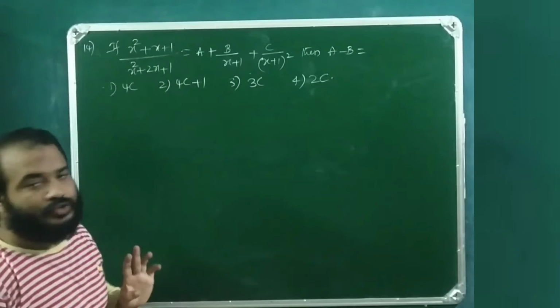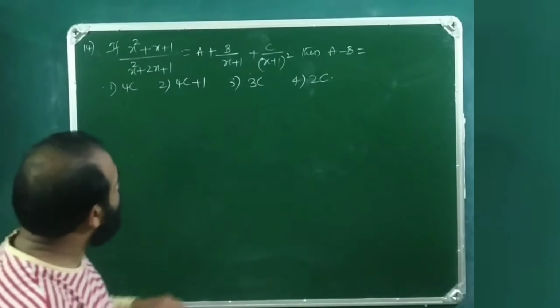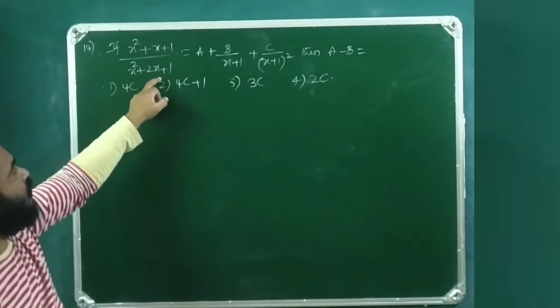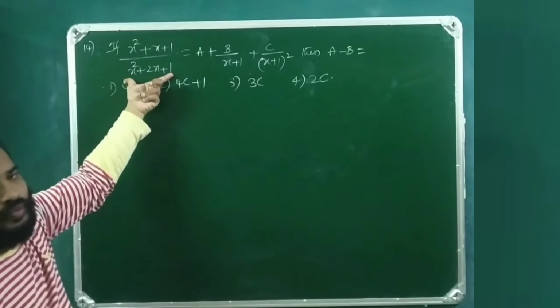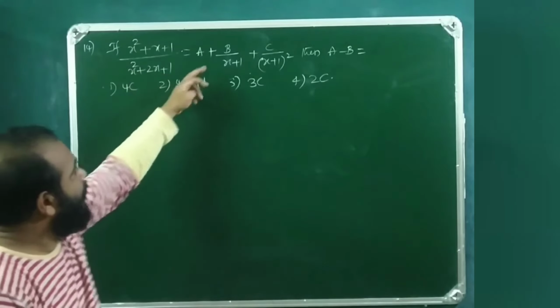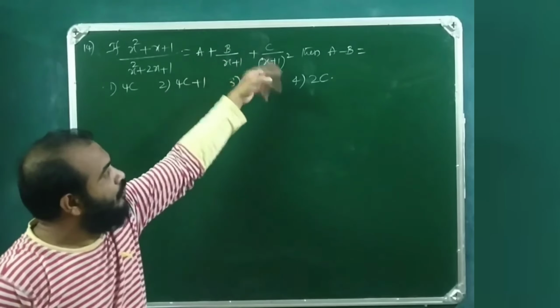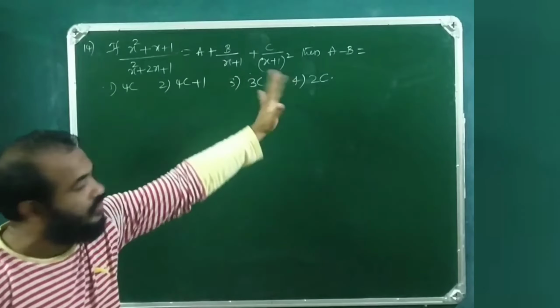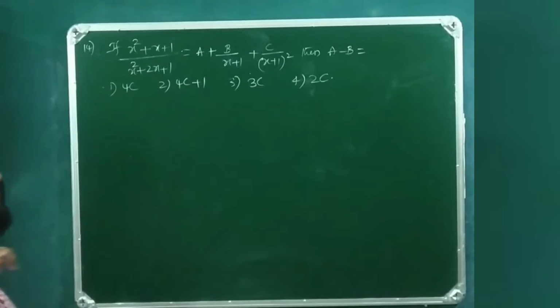So a is equal to 1. So b and c we need to find, and this x square plus 2x plus 1 is (x plus 1) whole square. So a by x plus 1 plus b by (x plus 1) whole square. It is already given. So this is the question given, and a minus b is equal to, in terms of c I want the answer.